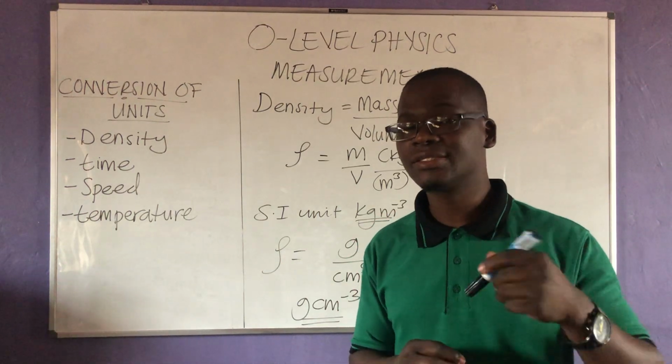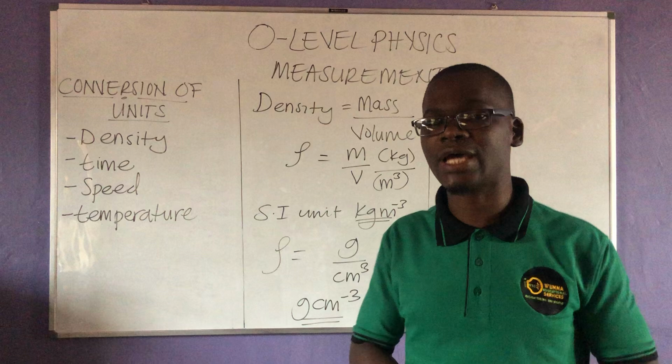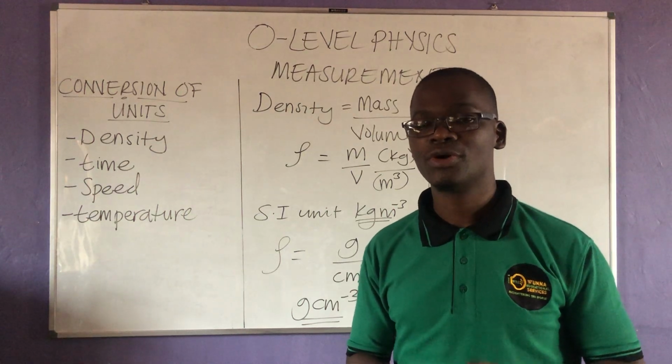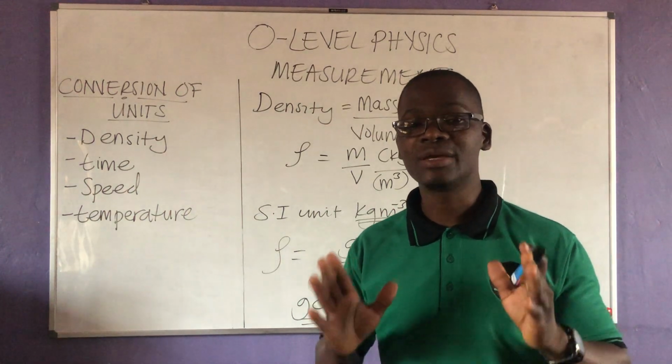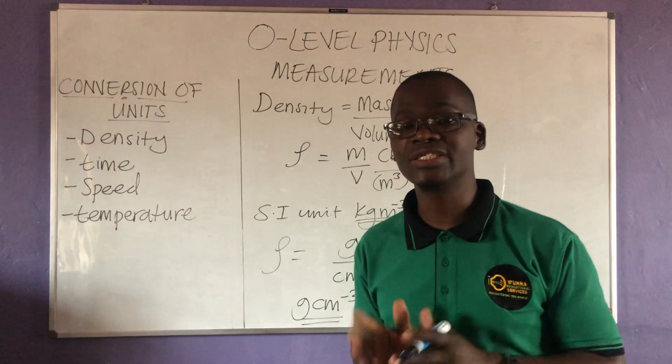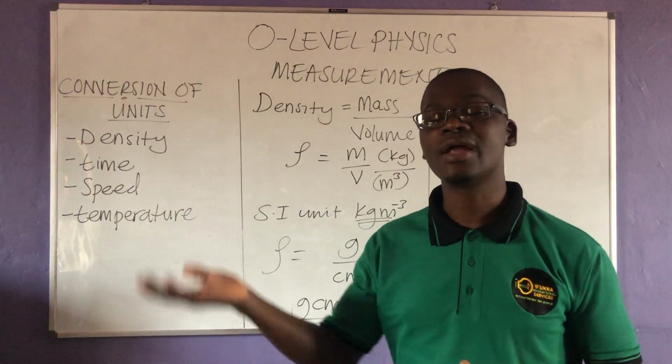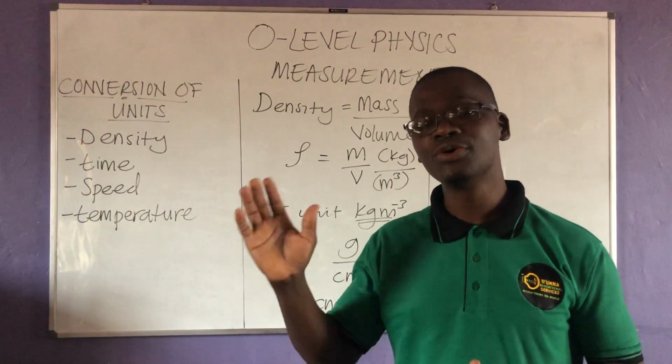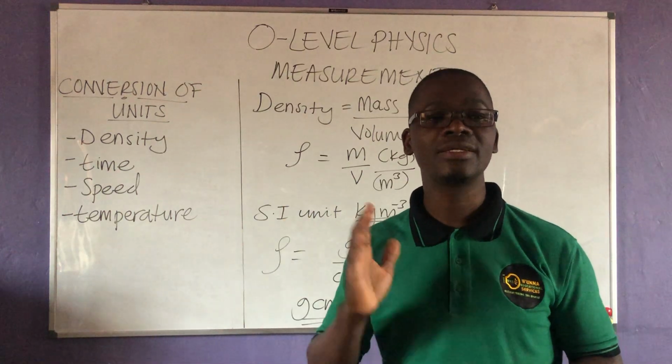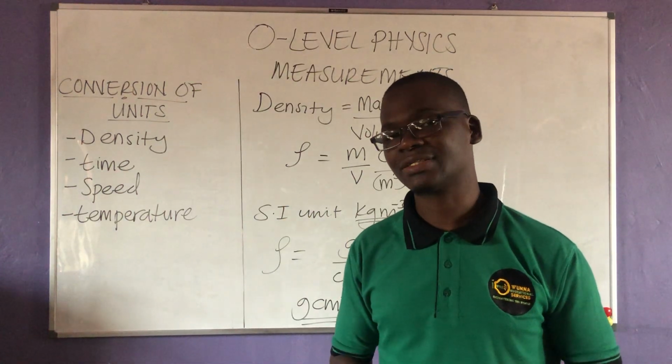A sinker is anything that sinks in water. So those are the procedures of how we shall get the volume, the mass, and finally use those two to find the density of the substance.